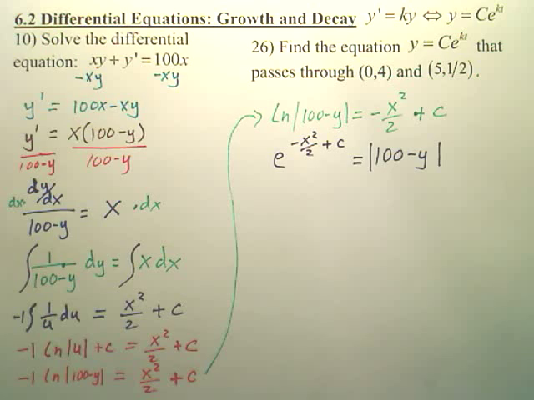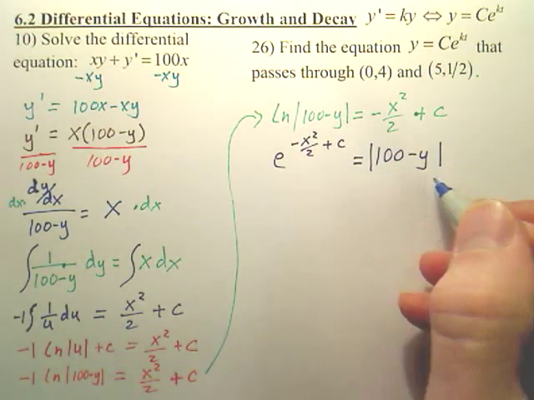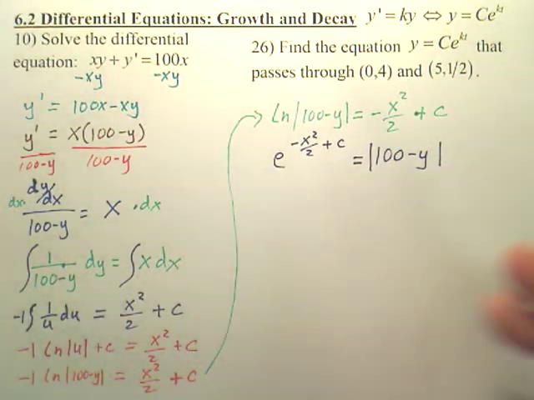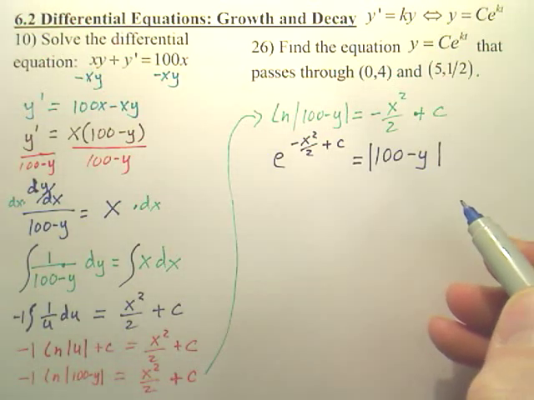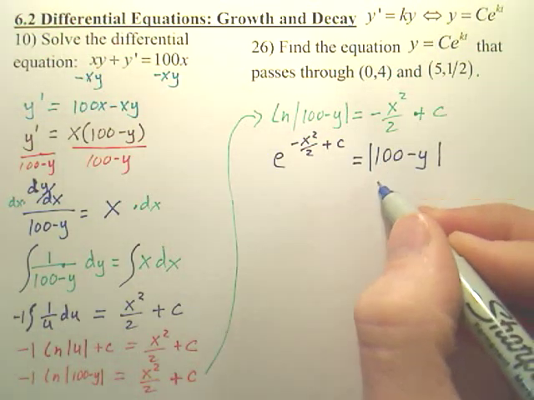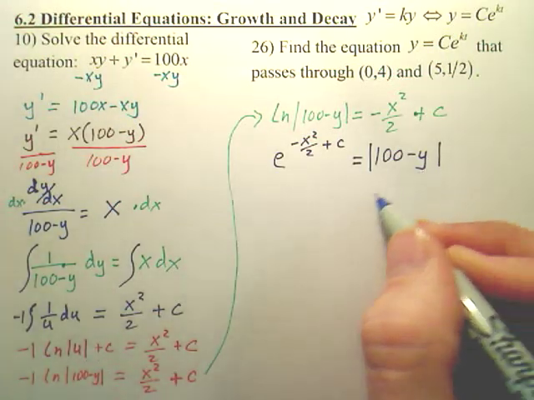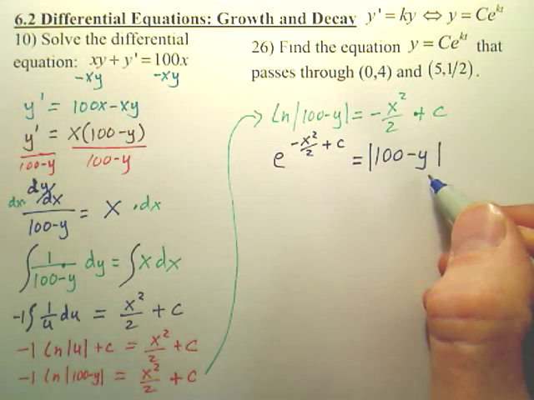Can we get y by itself? Yes, you can get y by itself. Let's ignore the absolute value for a second. I'll describe later at some point why, but just ignore the absolute value. What you need to know here is I can subtract the 100 over, or could I add the y over and subtract this over?